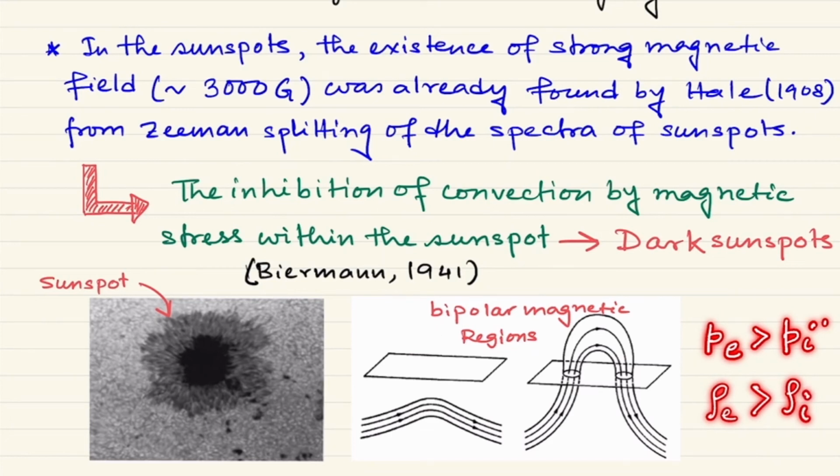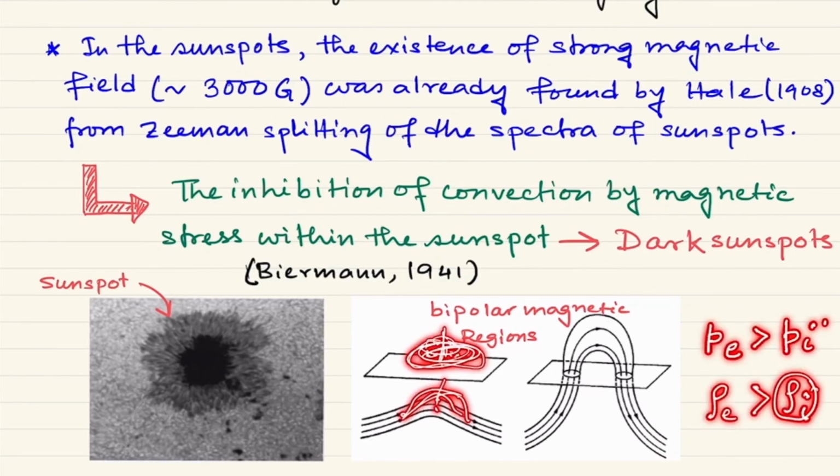So it simply says that you have a lighter mass of plasma inside, and a heavier mass of plasma above it.